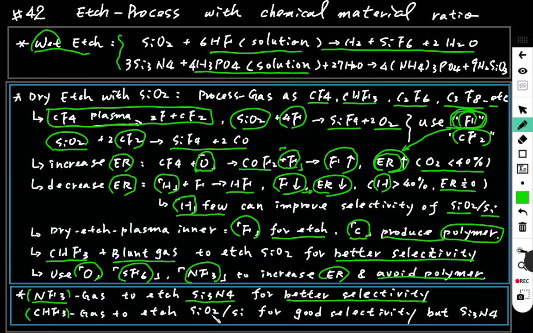CHF3 gas to etch silicon oxide has very good selectivity with silicon oxide and the silicon layer. But the CHF3 gas has very bad selectivity with silicon nitride. So we use NF3 gas to etch the silicon nitride.